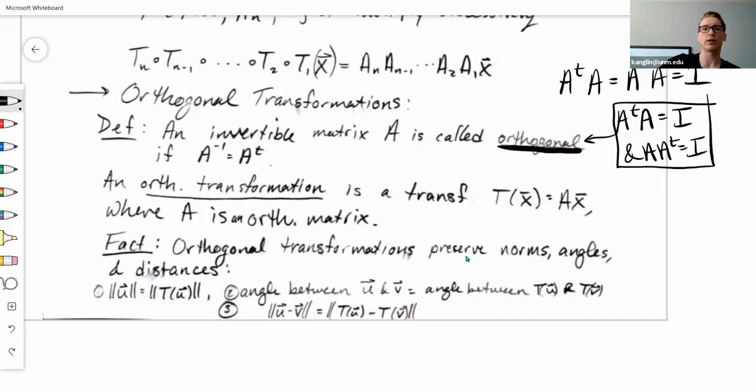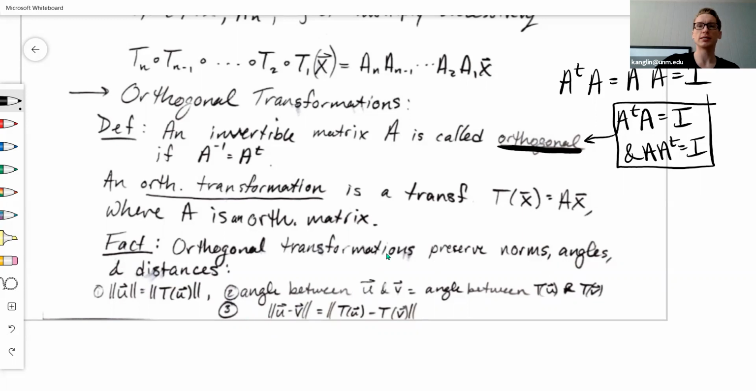Another way of stating that orthogonal transformations preserve angles as well is written here, item 2. The angle between u and v is equal to the angle between T of u and T of v. So the angle between two domain vectors is going to be the same as the angle between their images in the codomain. That's a huge idea here.